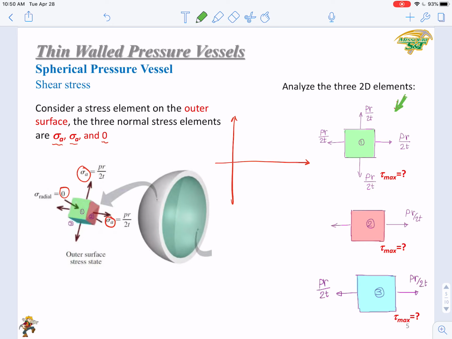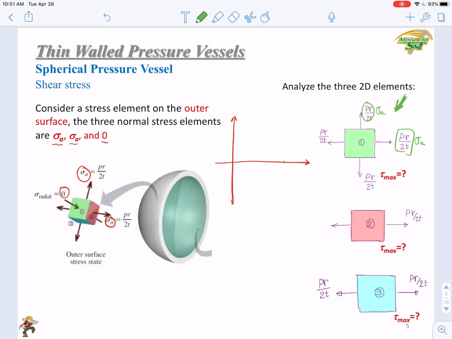In case 1, you have sigma A and sigma A, and tau equals 0. You just find the two points. Sigma A, 0 is the first point, and the second point is also sigma A, 0. It's two points together. What does that mean?